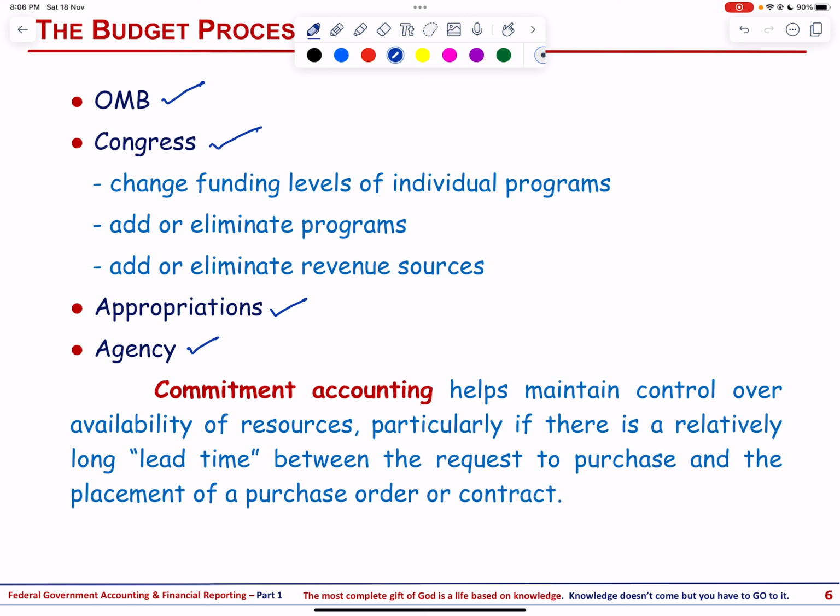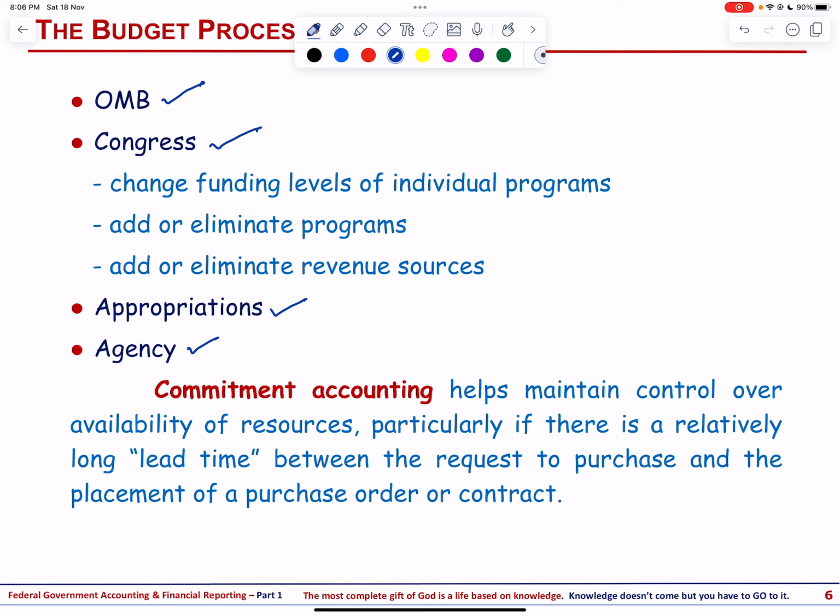This gives the agency authority to obligate the government to make disbursements for expenditures. It would be worth mentioning that if they are not spent or obligated by the end of the fiscal year, they expire. In some cases, the government can make indefinite appropriations also.